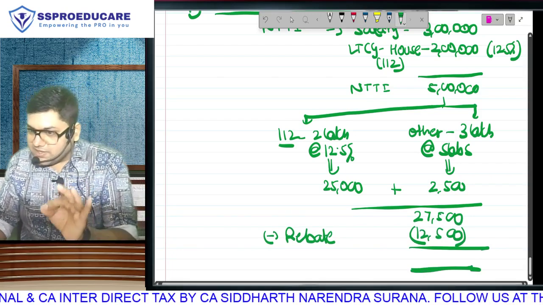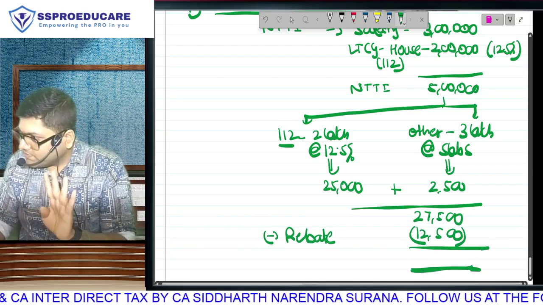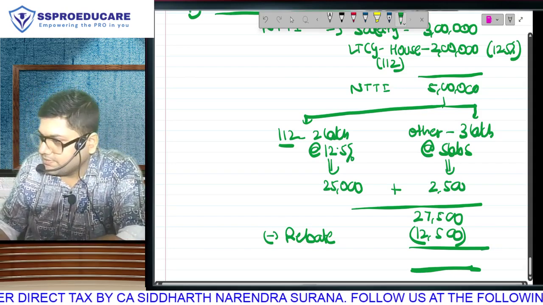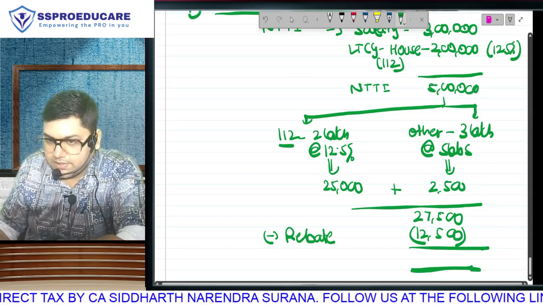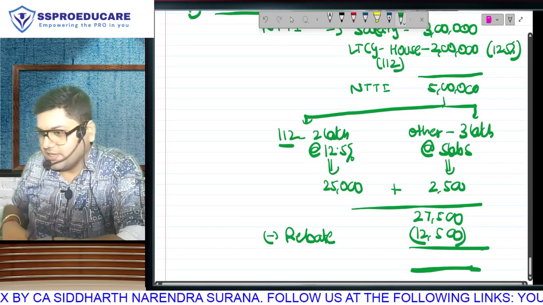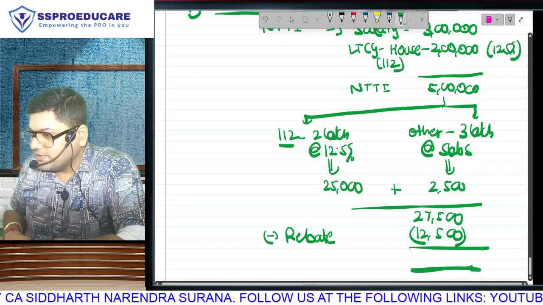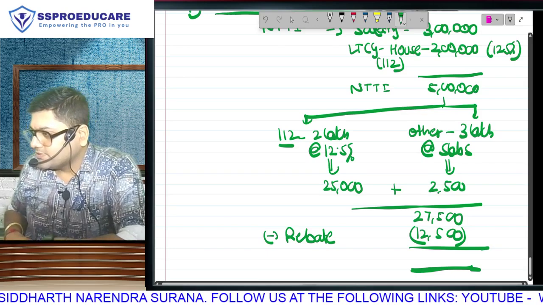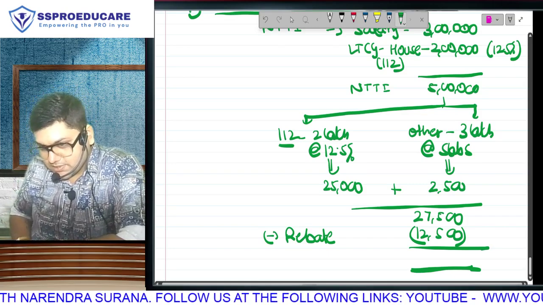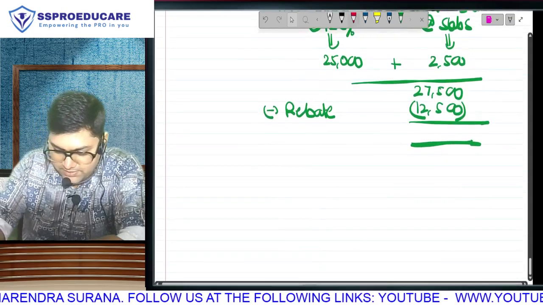If my income contains only normal rate incomes, then up to 5 lakh tax can never be more than 12,500. But if my income contains special rate income, it can be more than 12,500. Is that clear? Did you hear something on WhatsApp? Let me tell you.